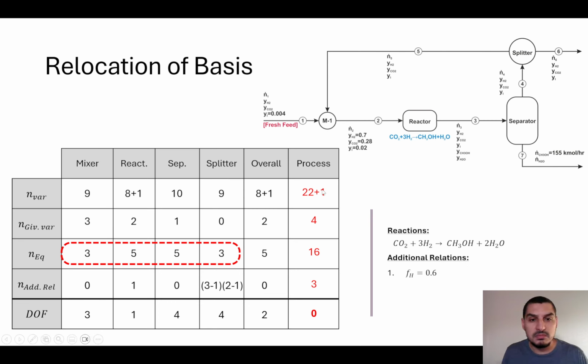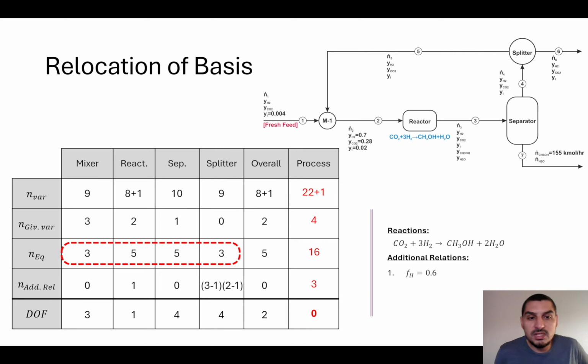You have some information for the reactor, some in the mixer, some in the separator. So the information is not all available in the same place for the same unit. You have enough information to solve the whole process, but you cannot use it to solve any of the units with the current givens, because none of them has 0 degrees of freedom.